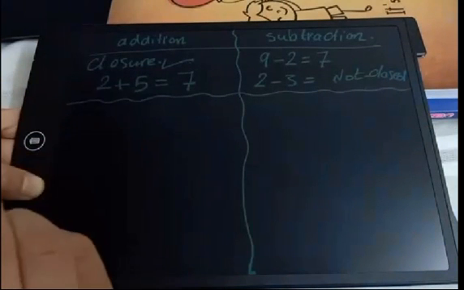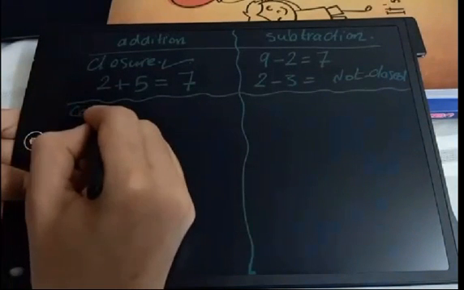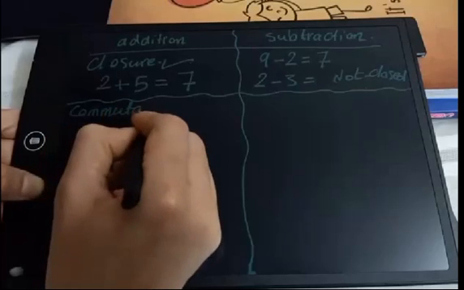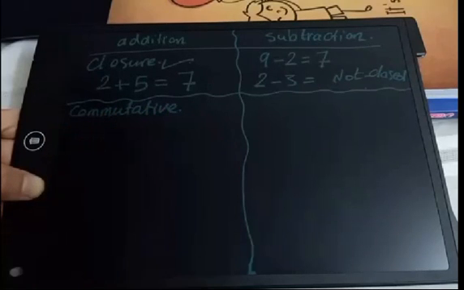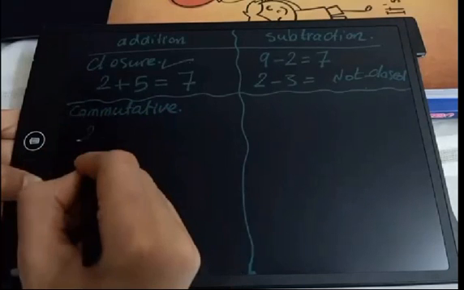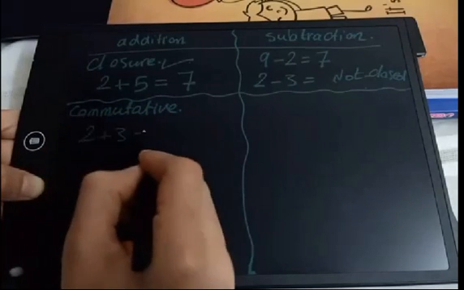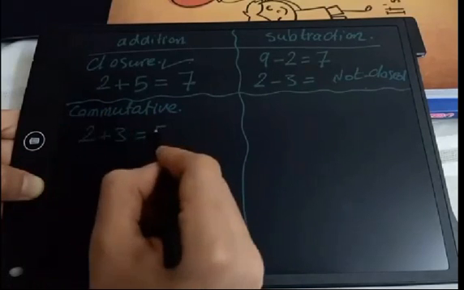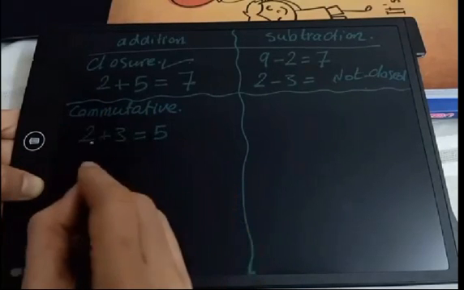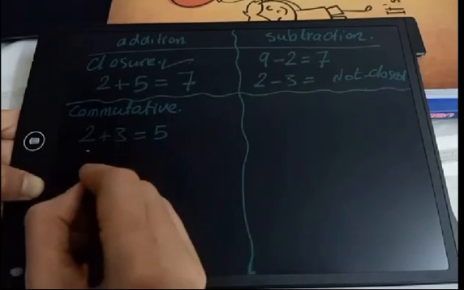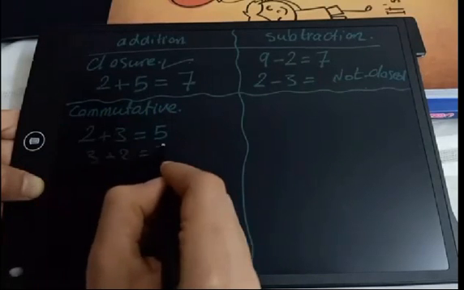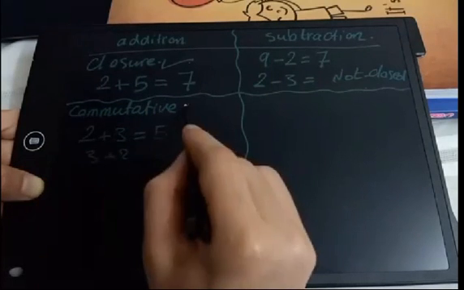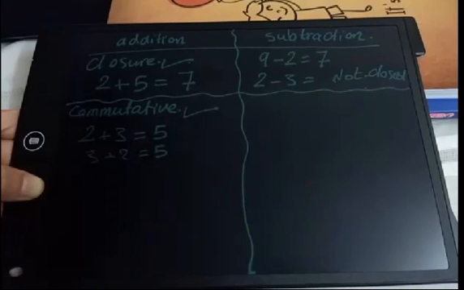Okay, let's move to the next one, commutative. And the commutative means that we exchange the place of the numbers. So if I say to you 2 plus 3, this equals what? 5. If I change the numbers, will the answer change? No. 3 plus 2 will be the same. That means the commutative property is okay.